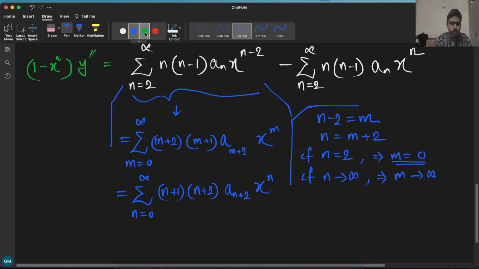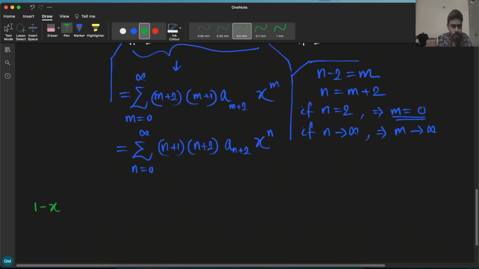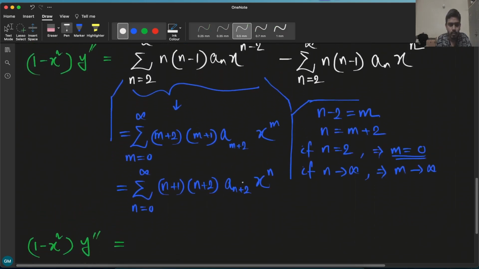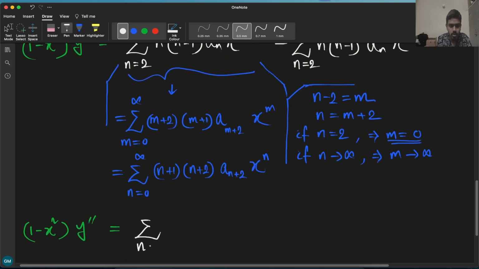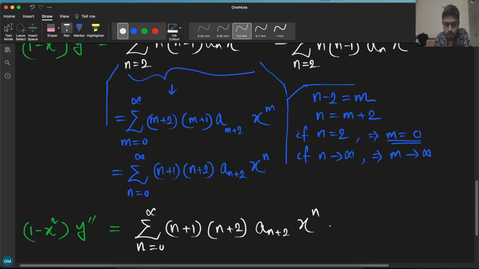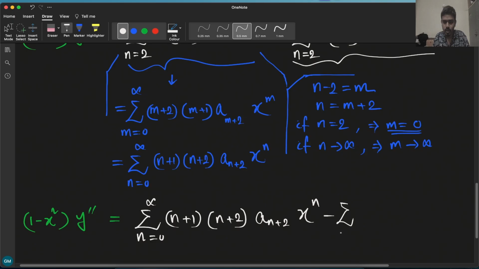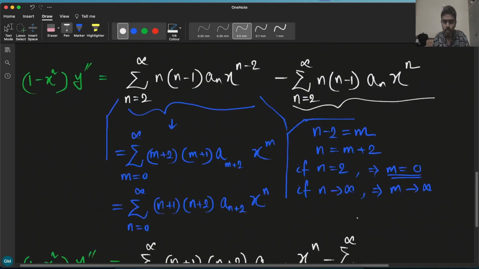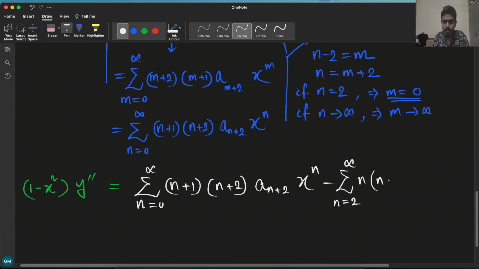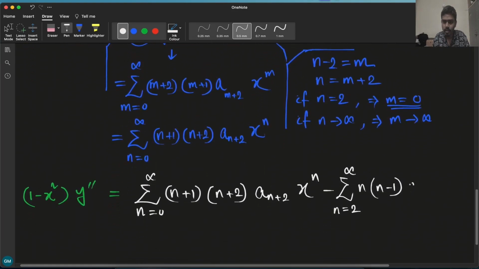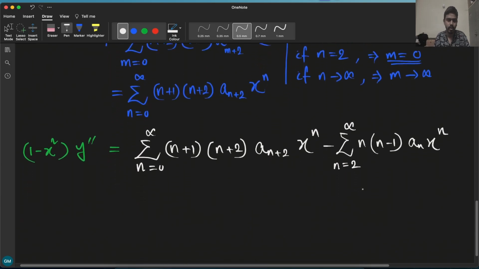Basically, the first term, 1 minus x square times y double dash, equals the sum over n equals 0 to infinity of (n plus 1)(n plus 2) a_(n plus 2) x to the power n, minus this term, n equals 2 to infinity, n times (n minus 1) a_n x to the power n.